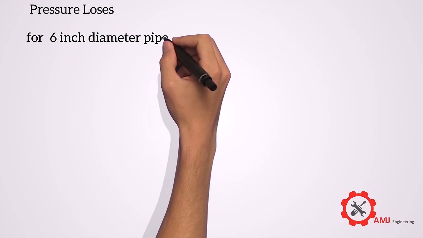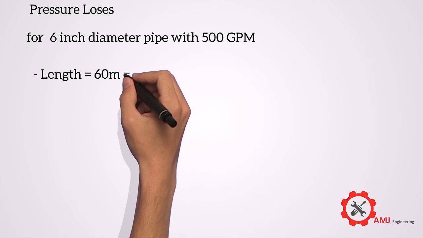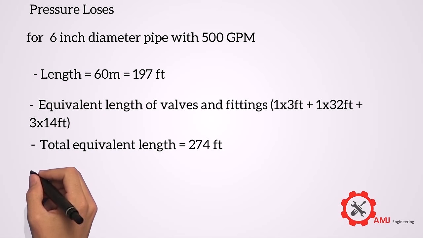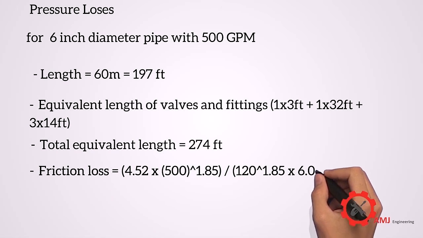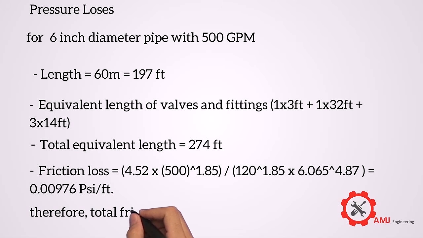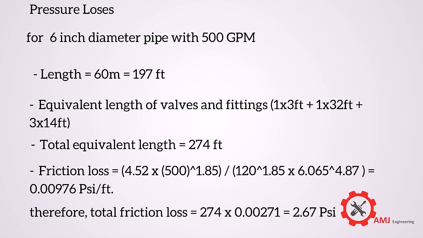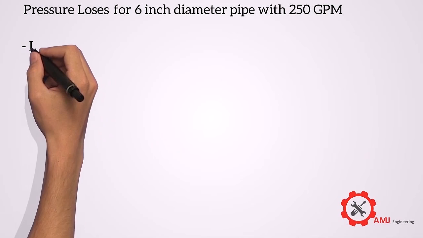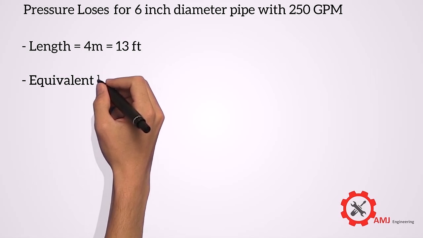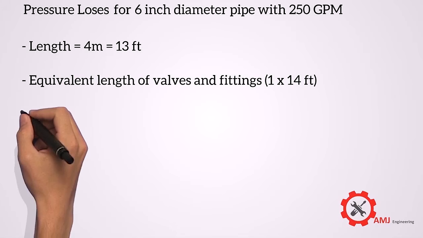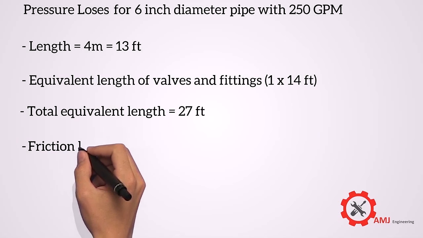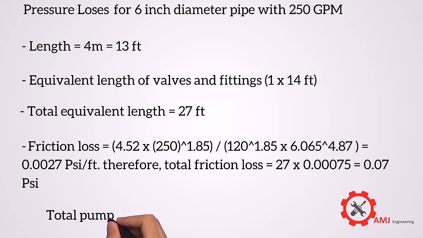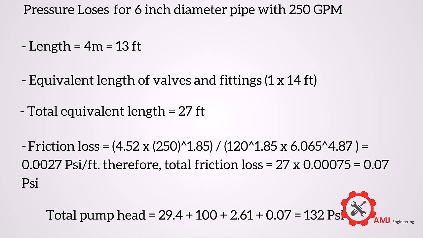For the 6-inch diameter pipe with 500 GPM, for the 6-inch diameter pipe with 250 GPM, therefore, the total pump head equals 29.4 plus 100 plus 2.61 plus 0.07 equals 132 psi.